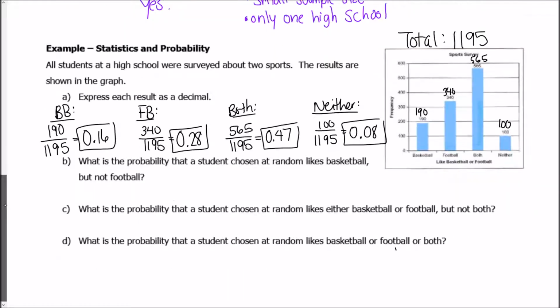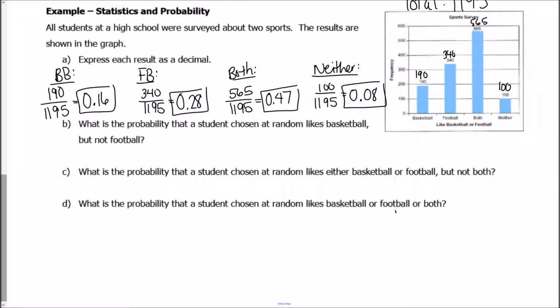Okay, so then part B, it says, what is the probability that a student chosen at random likes basketball but not football? So right here we know that 16% of people have chosen just basketball, so we can say the probability of basketball is simply 16%, and that's all I have to do.